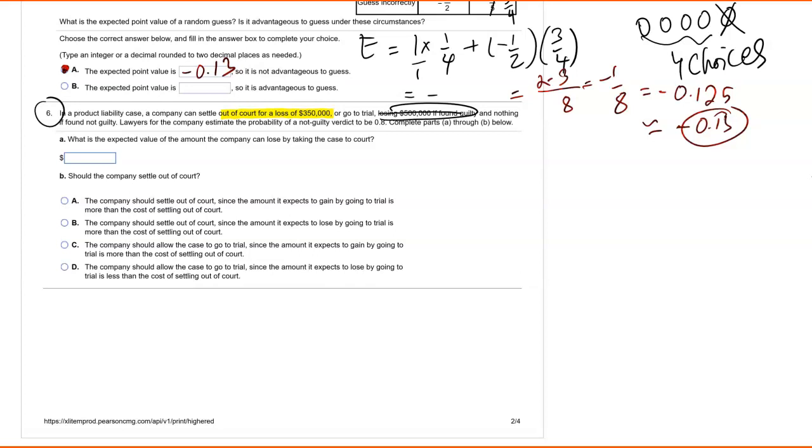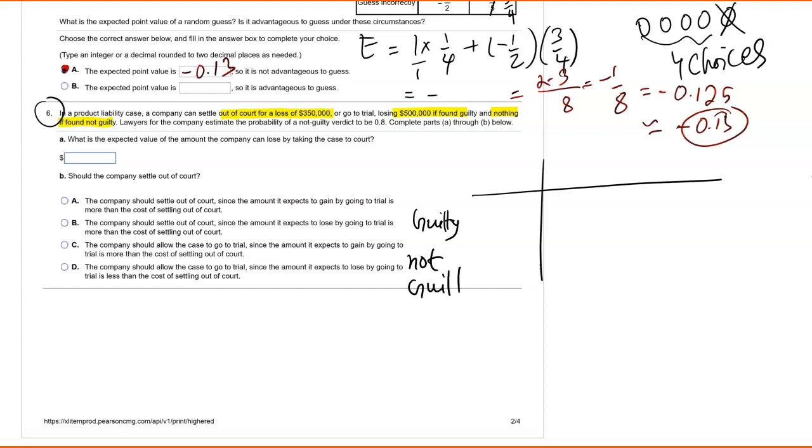If not found guilty, nothing, the company is not going to lose. Therefore, there are two outcomes here: either found guilty or not guilty, right? And if the company is not guilty, the company loses nothing.